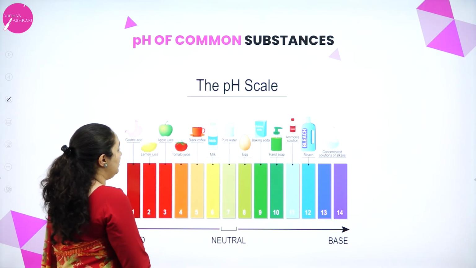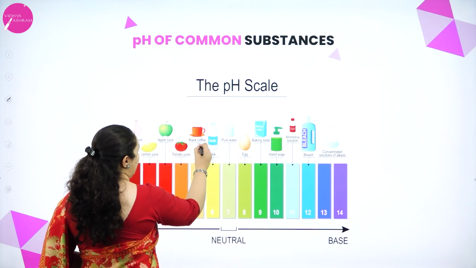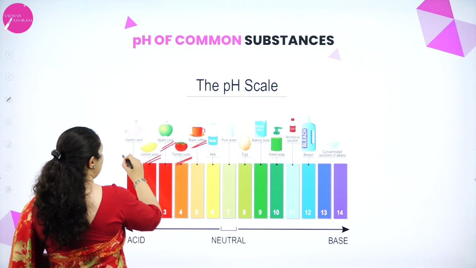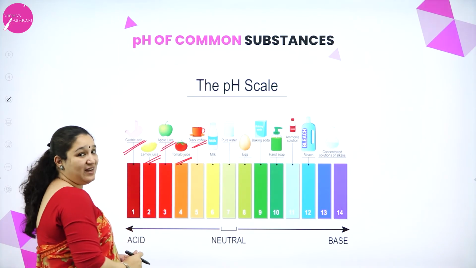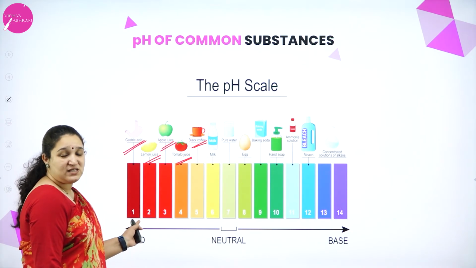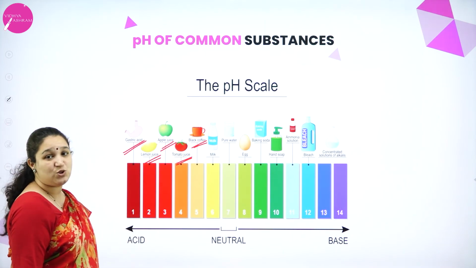So you can see here, pure water has got neutral pH, milk is acidic, black coffee is acidic, tomato juice, apple juice, lemon juice, gastric juice which is there inside our stomach, you can see it has a very low pH. That means it's highly acidic. Okay, that is almost pH 1.